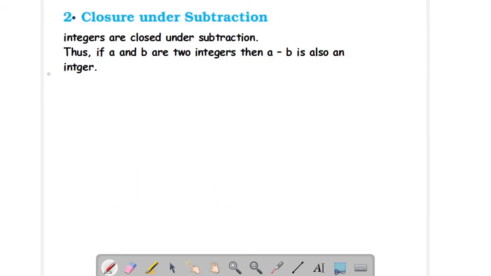Now second, closure under subtraction. Here integers are closed under subtraction. Thus, if a and b are two integers, then a minus b is also an integer.